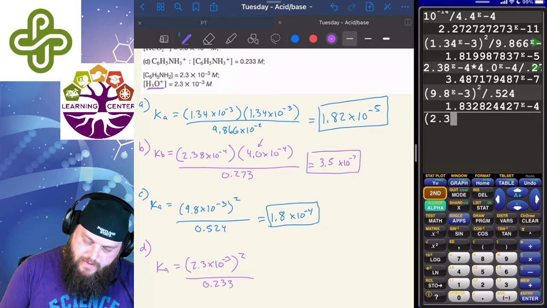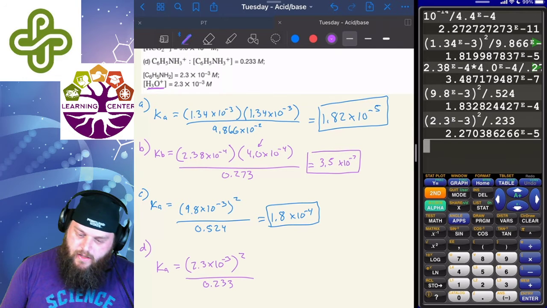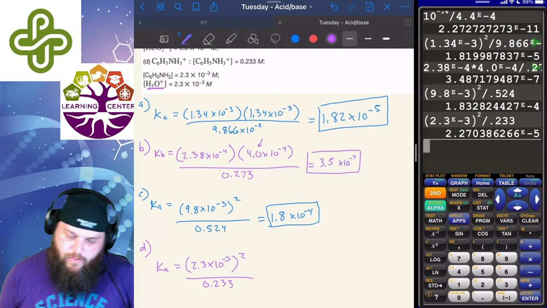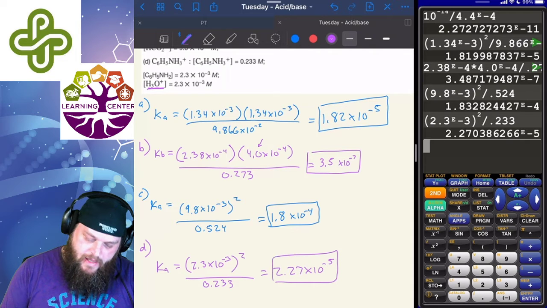Remember my parenthesis this time. Oh, I got trigonometry in there. I can't do that. All right, square that, divide by 0.233. And that gives me 2.27 times 10 to the negative 5. That's going to be my Ka value.